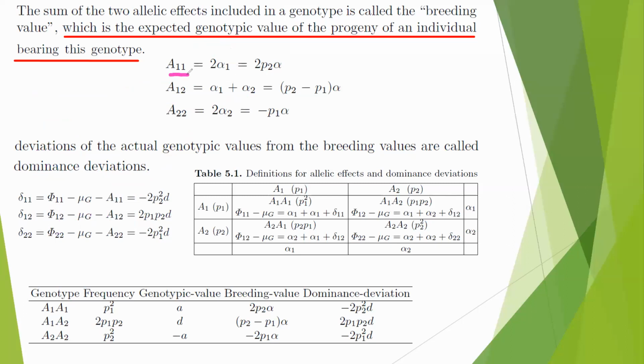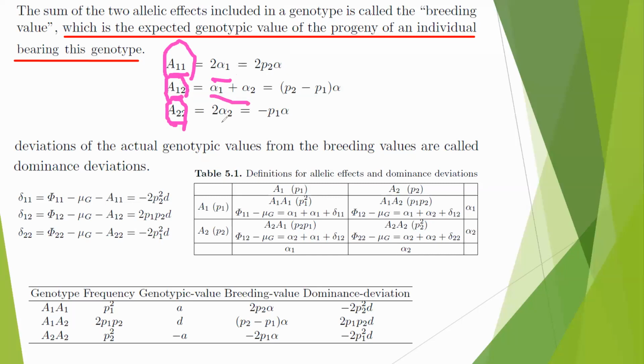The reason why we want to do this: if you do some research in plant breeding or animal breeding, this is the term you always use. If you want to use parental information, the information from the first generation, to predict the genotypic value for the next generation, the second generation, you can only use the breeding value because this represents the additive parts.